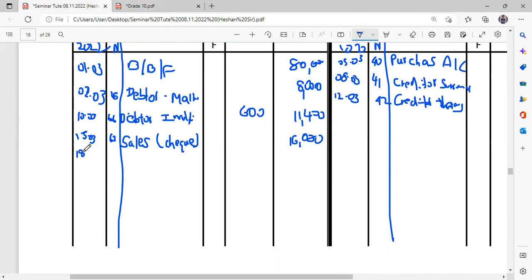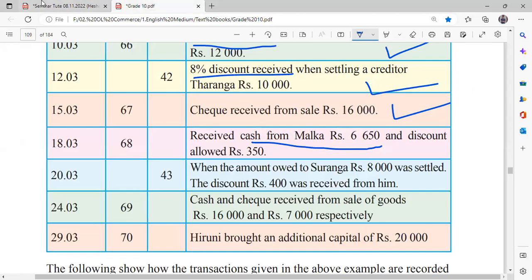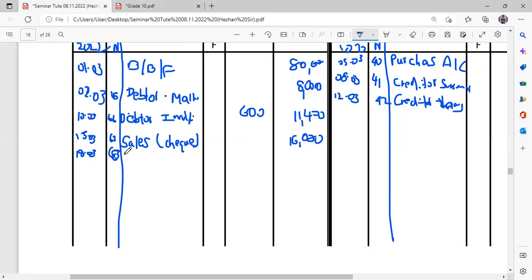March 8, 63. Sorry, 60, this should be 68, right? 68, debtor Malka, right?